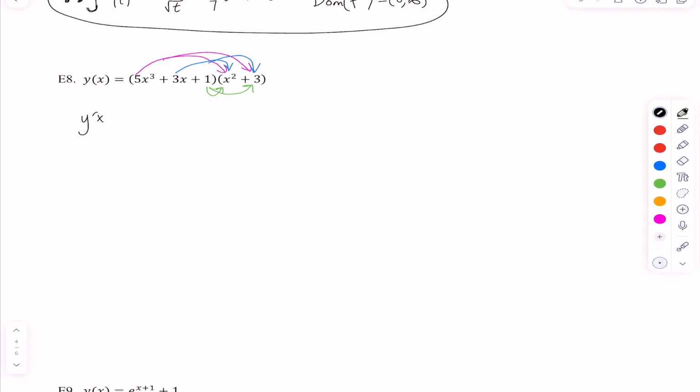So we're going to rewrite y of x. And now we're ready to take the derivative of y with respect to x. Sometimes I draw a wavy line here just to get you to realize that we changed procedures.